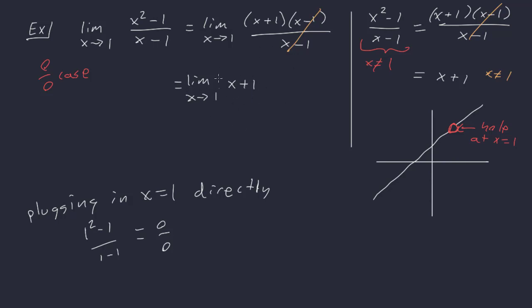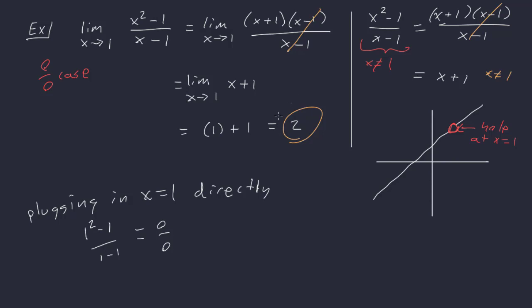Now this is something that we can just plug directly into. That 0 over 0 piece is gone. So now we can just plug in the 1, and we'll get 2, which is what we got previously from the table, and what we got looking at the graph before with this same example.